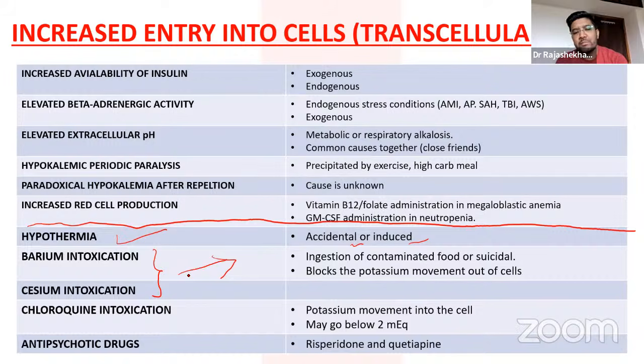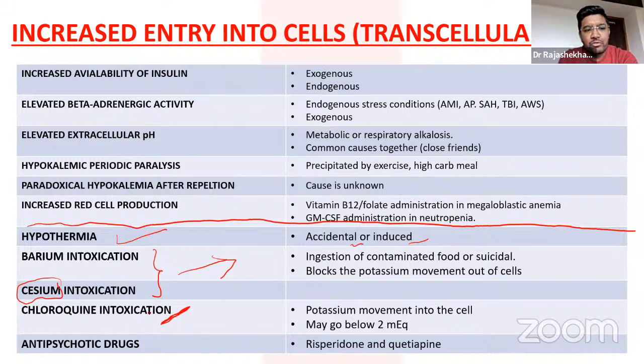two items or the drugs which are not going to act by the sodium potassium ATPase. The mechanism of action is through a different mechanism, that is they block the potassium movement out of the cells through a different channel. The cesium is usually used as an antineoplastic agent, although rarely used nowadays. Then chloroquine intoxication.